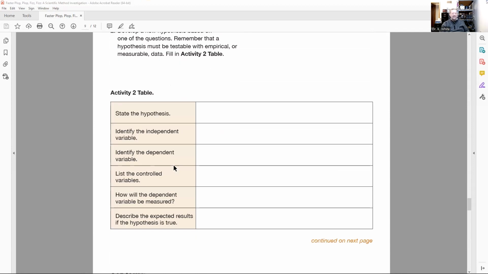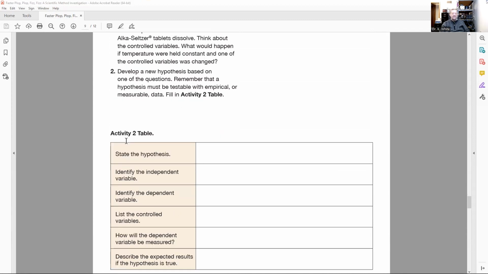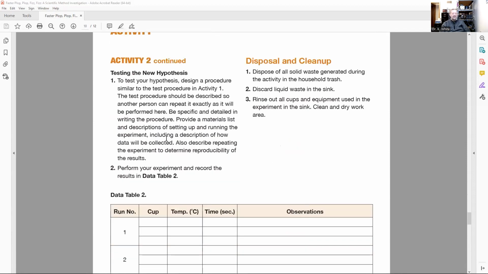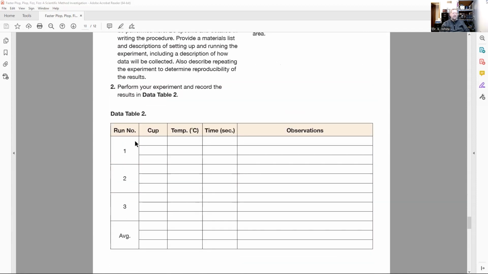Now they have here state a hypothesis and develop a new one based on your results, and you can fill this out. Now they have a second activity, and here I'll ask you, I've just changed my mind. Yeah, Dr. White.